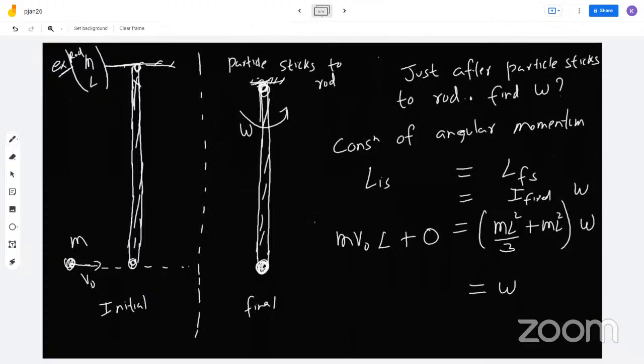So guys, this one done. What is the answer? M to cancel हो जाएगा. Yes. One L will go away. So how much it is the answer? 3V by 4L.